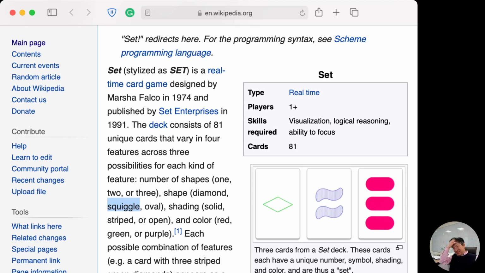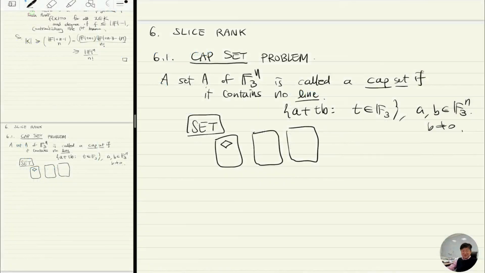And then a set is a set of 3 cards where each characteristic is either all the same or all different, and that's exactly a line in F3 to the n.